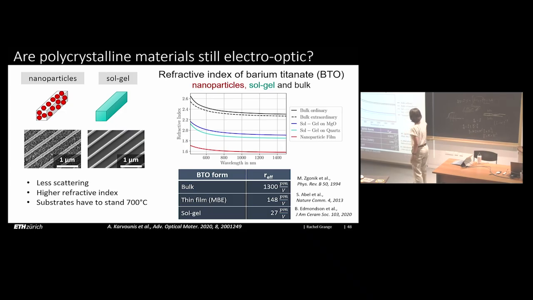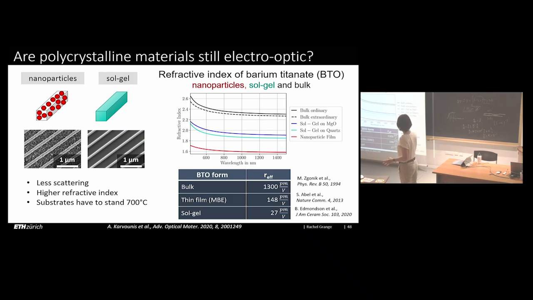So here you have an example of barium titanate, and as I told you before, barium titanate is super nice. It has 1,300 picometer per volt for the electro-optic effect, and people are now using it, grown by MBE. PsiQuantum is using it for making the modulator on top of their silicon nitride structure, because silicon nitride doesn't have the modulation.